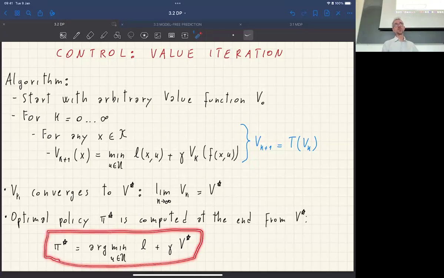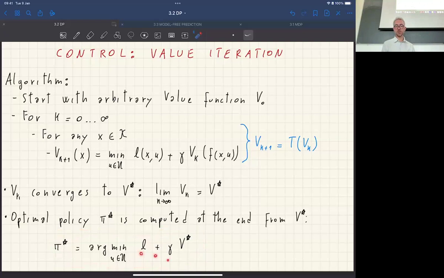So throughout the algorithm, you don't need to store the policy, but at the end, once the algorithm has converged, you need the policy. But if you have V star, it's very easy to compute pi star. You just find the minimizer of cost plus discount times V star of the next state, and that gives you the optimal policy.